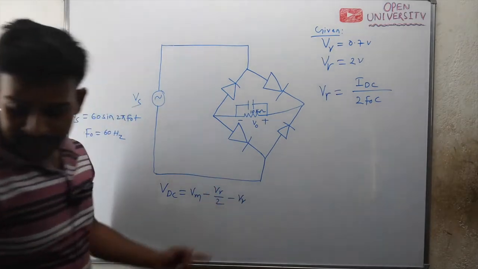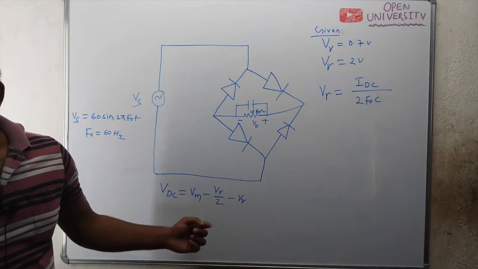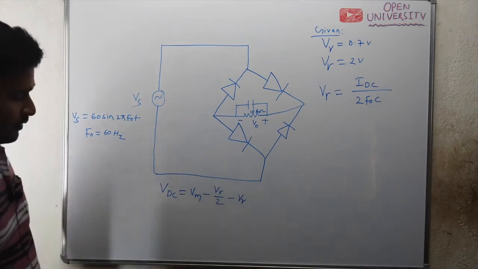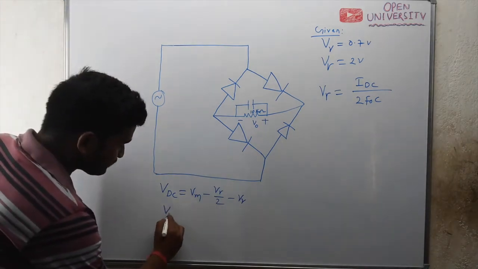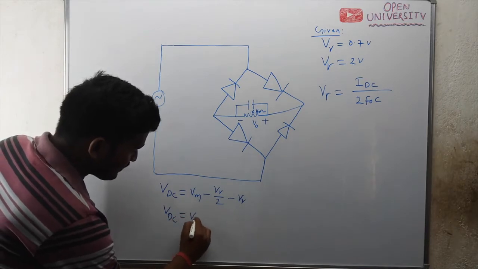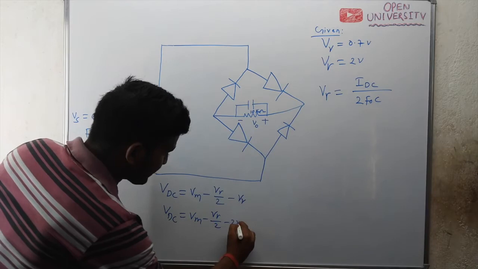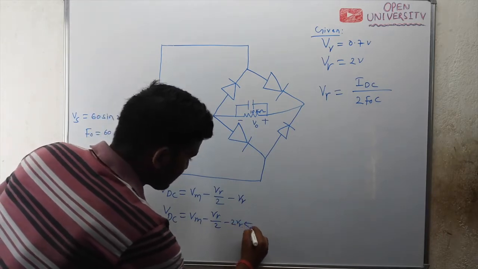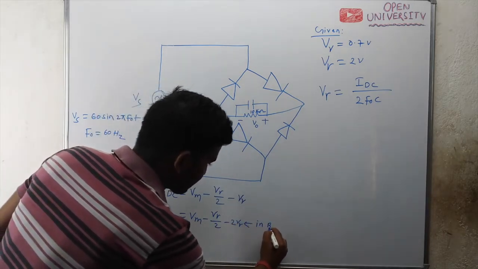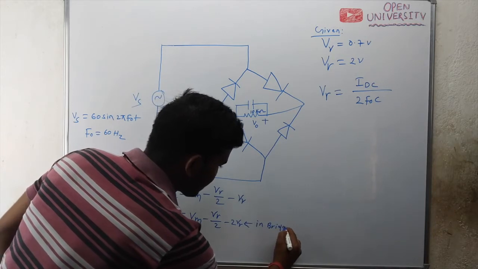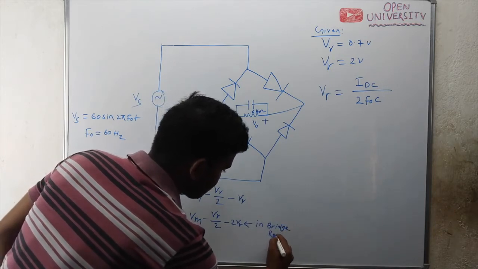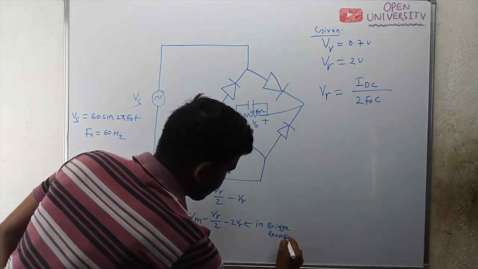But VDC equals Vm minus VR by 2 minus 2 V gamma in case of bridge rectifier with capacitor filter.